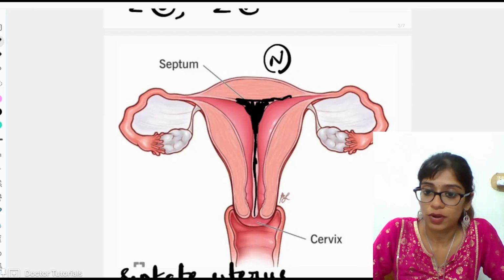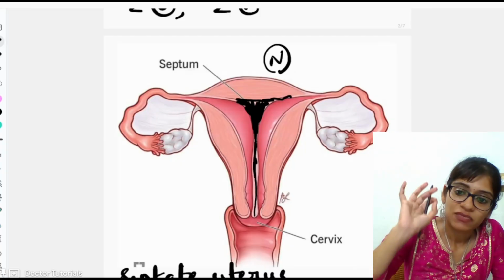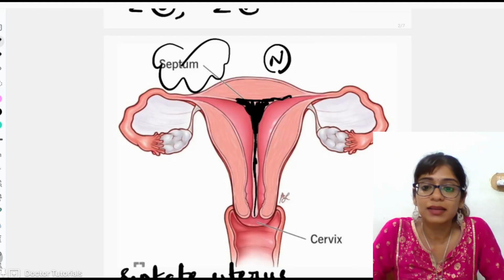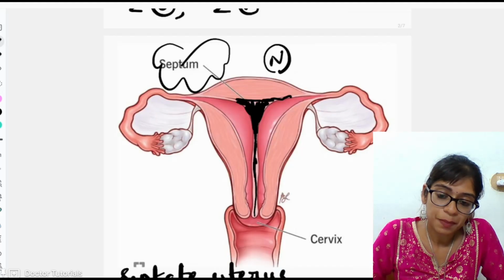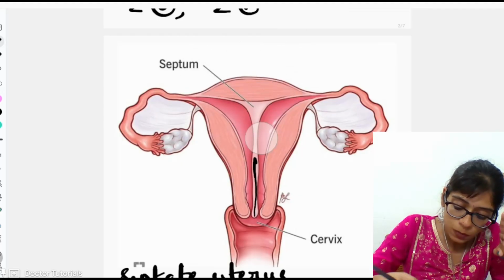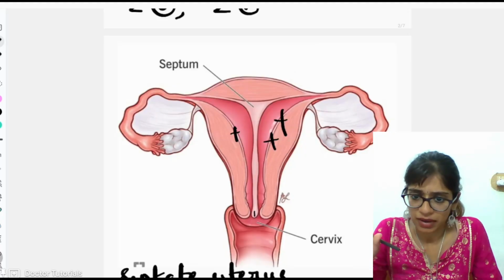A very important point you should remember about the septate uterus is that the highest chance of abortion and miscarriage occurs in the septate uterus. Do you know why? In this uterine anomaly, if implantation occurs anywhere on the wall of the uterus, it is fine.